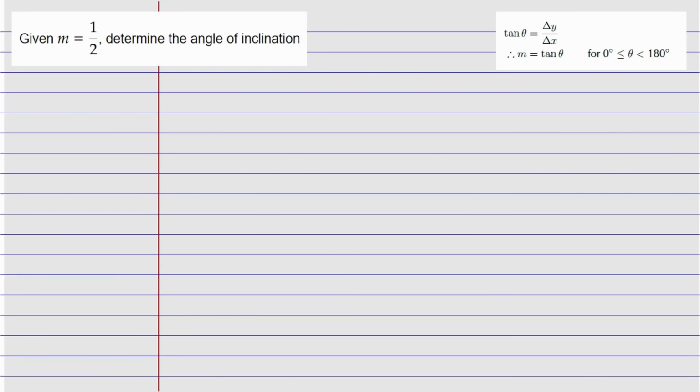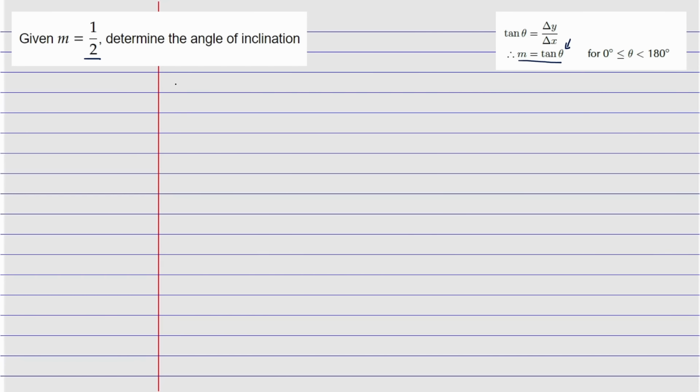Here we are given that the gradient is equal to 1/2, and we need to determine the angle of inclination. What is the relationship between the angle of inclination and the gradient? The gradient is equal to tan of the angle of inclination. Here we're given the gradient and we need to determine this angle.